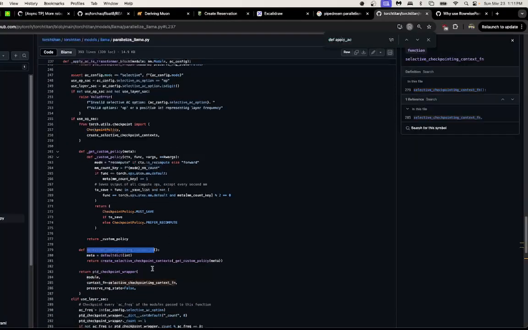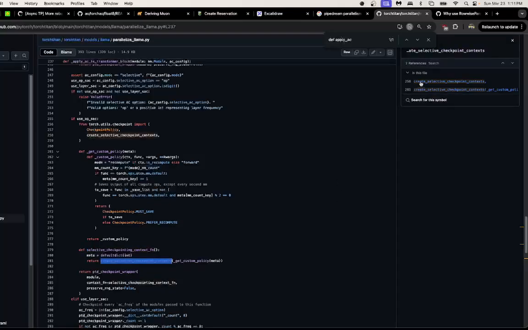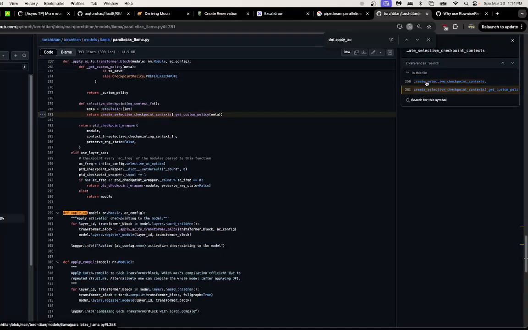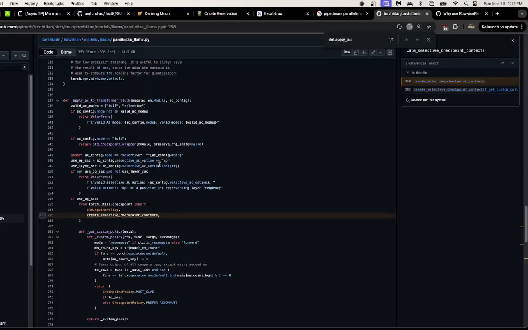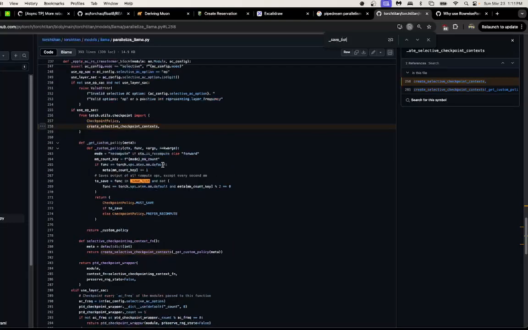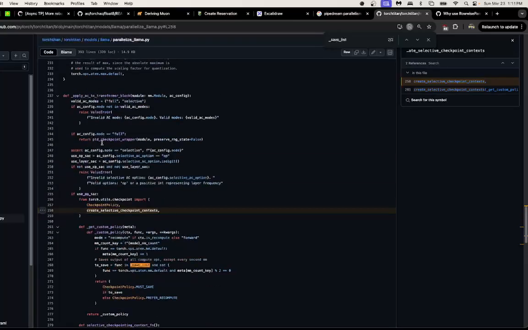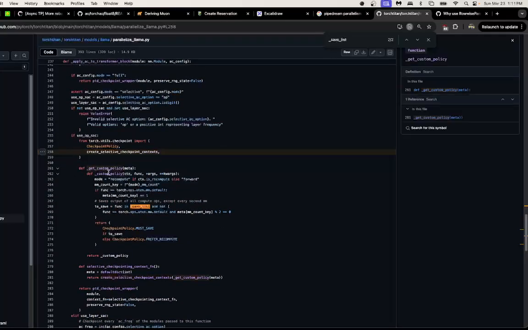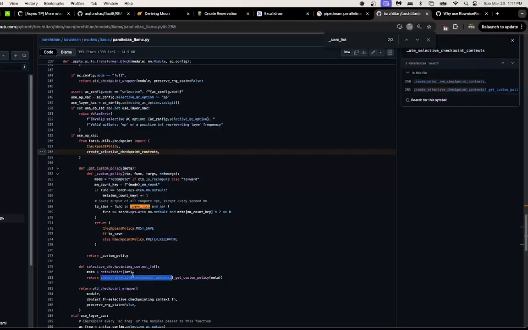Selective activation checkpointing context function. Here it is. This is where they create the policy for passing into the selective activation checkpoint APIs.